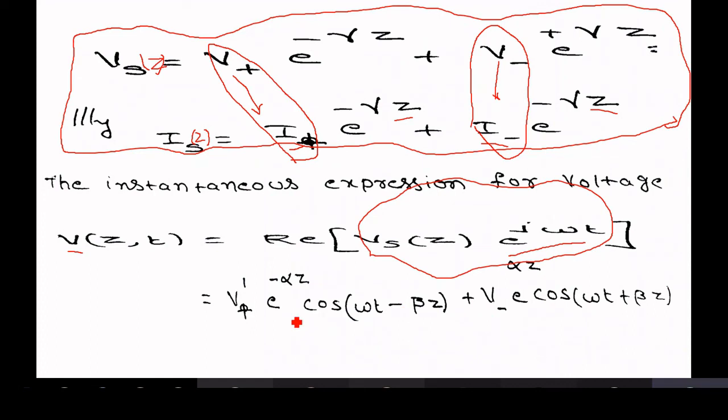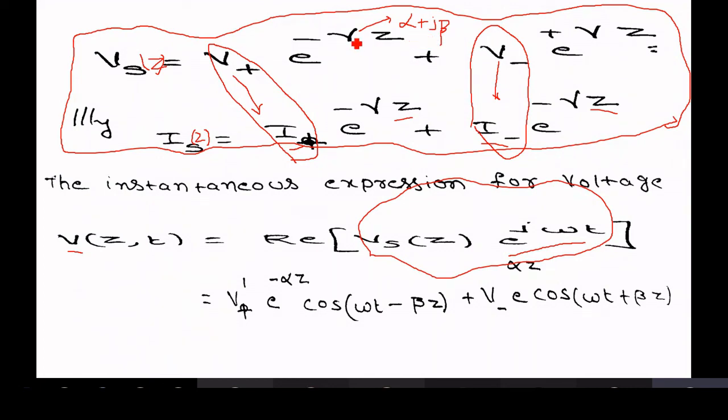So you will get this equation V plus e power... In place of gamma, you have to substitute alpha plus j beta.